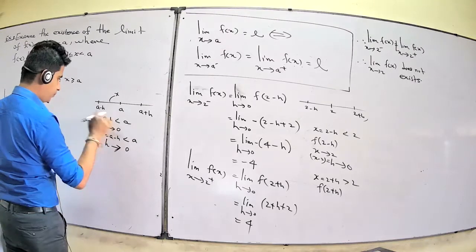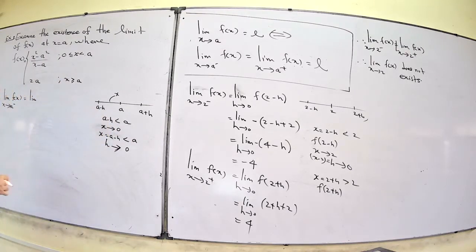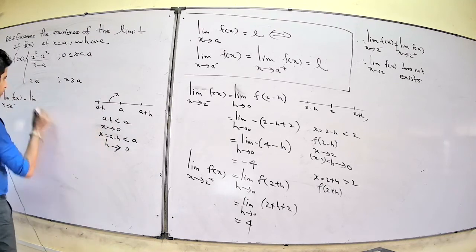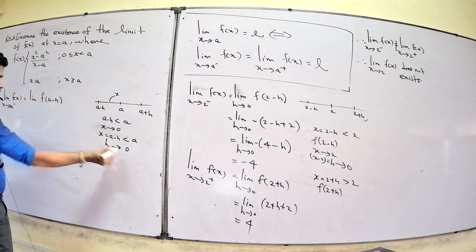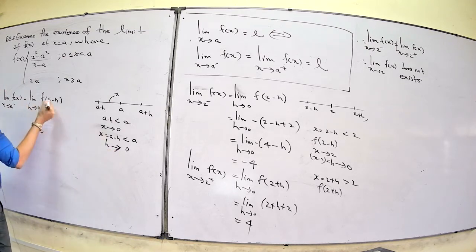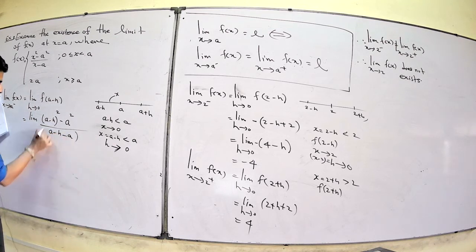So a minus h is one of the points, and you put x in terms of h: x equal to a minus h. Here h tends to 0. The limit of f(a minus h) is ((a minus h) squared minus a squared) over ((a minus h) minus a), as h tends to 0.